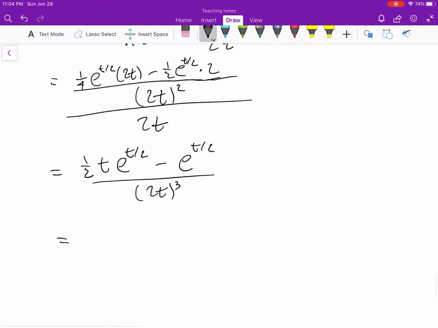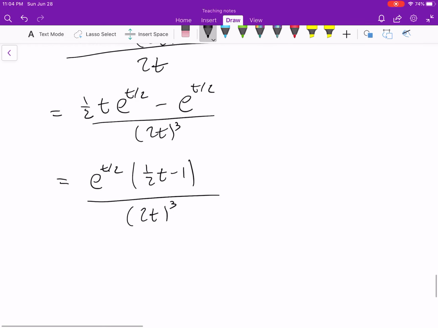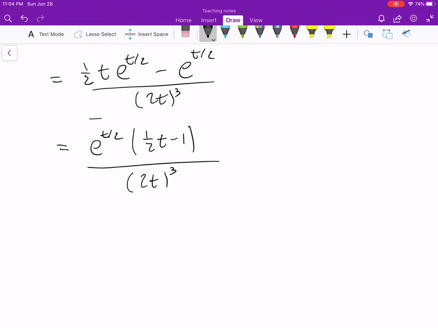And this will end up being, if I factor out an e to the t over 2, times 1/2 t minus 1, divided by 2t cubed. This is the second derivative, and that's the final answer. I don't want to simplify it anymore. There's not much I can do.